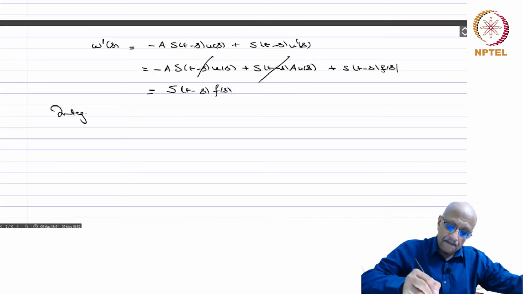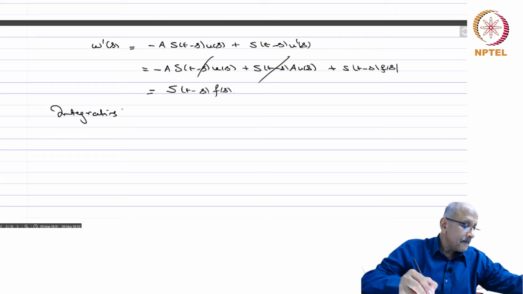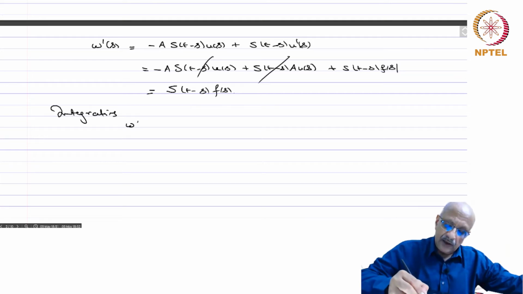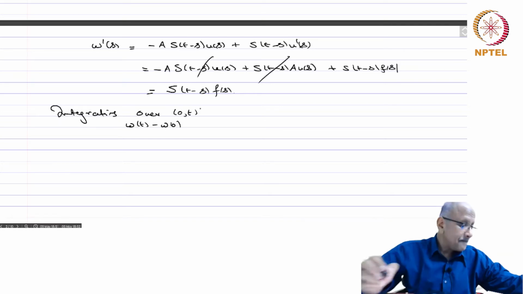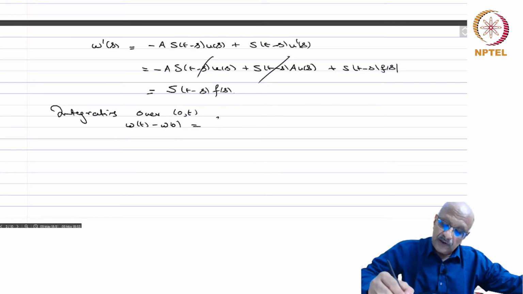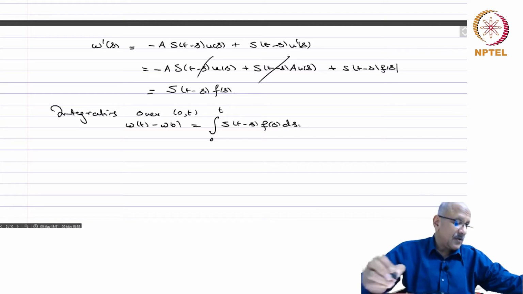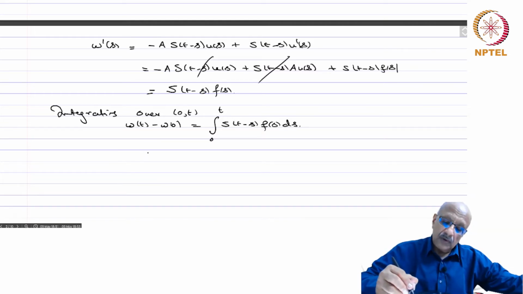Integrating, you get W(t) minus W(0) over [0, t]. So, you get W(t) minus W(0) equals the integral from 0 to t of S(t-s) f(s) ds.